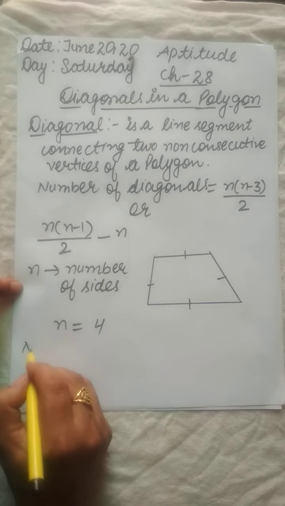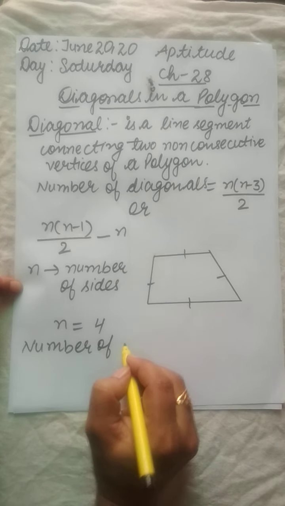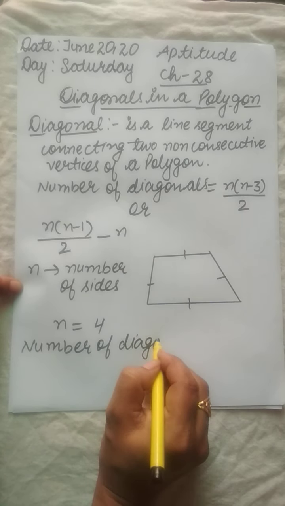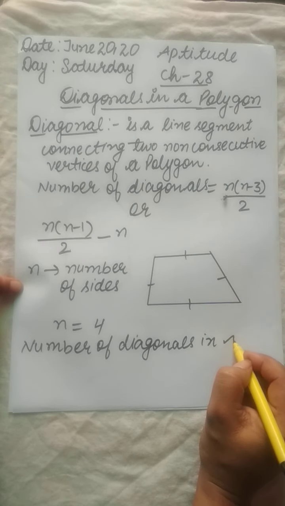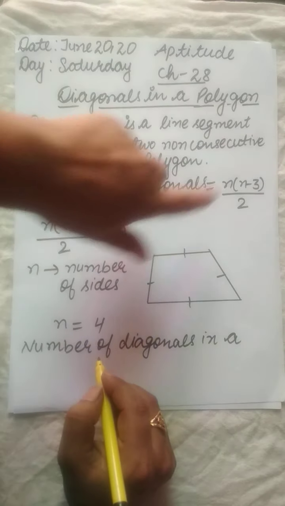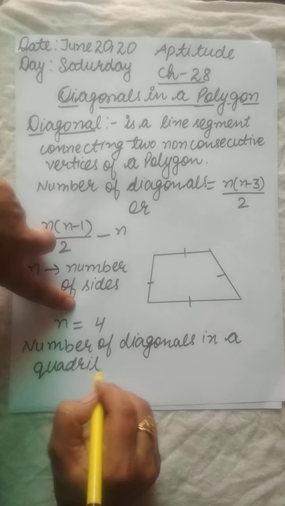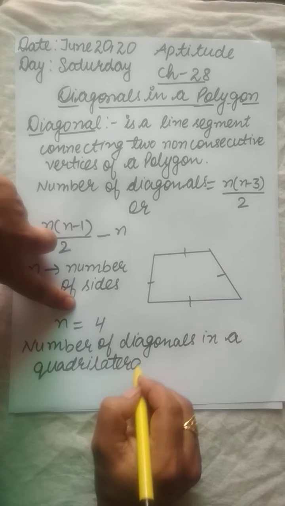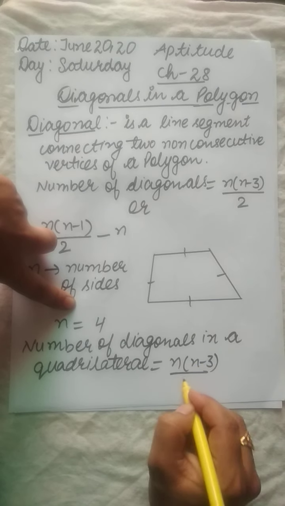So the number of diagonals in a quadrilateral is equal to n into n minus 3 by 2.